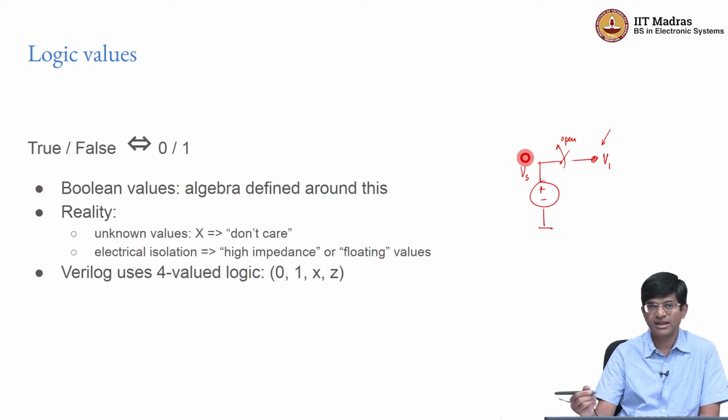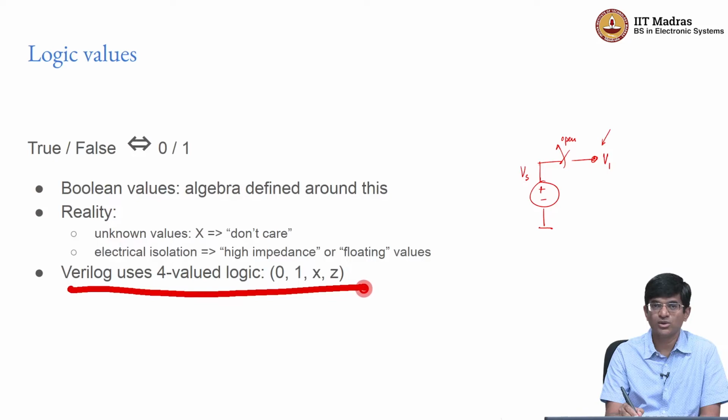It turns out that this kind of high impedance functionality is fairly common and is used in a lot of circuits, especially in the context of multiplexers and buses, as we will see later, which means that it's also something that you probably want to model when you are looking at digital circuits. So the bottom line is Verilog as a language uses the so-called 4-valued logic.